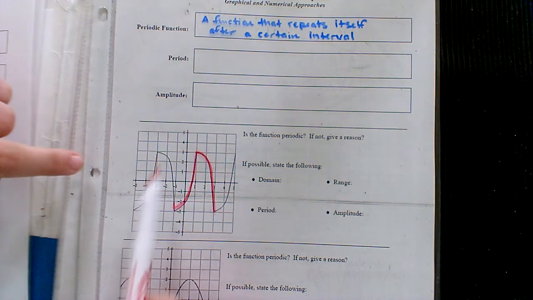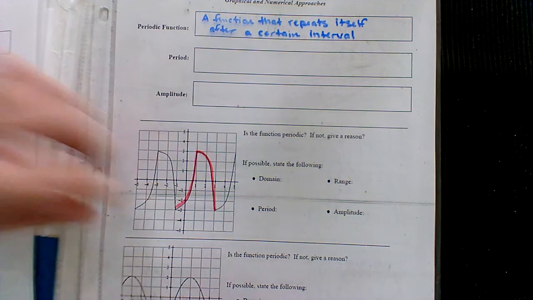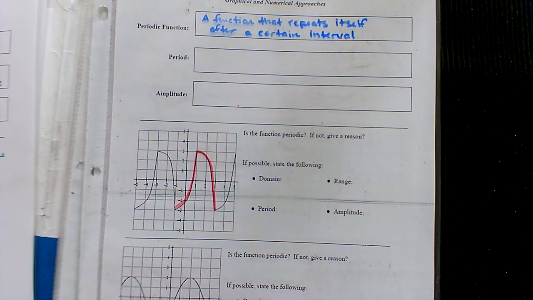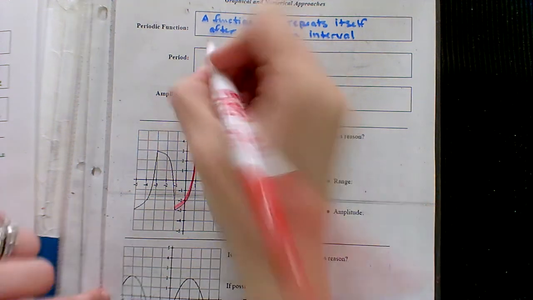So if you were to highlight the section of the graph that's being repeated, the length of that section is referred to as the period. How long that original chunk of graph is that's being repeated over time.